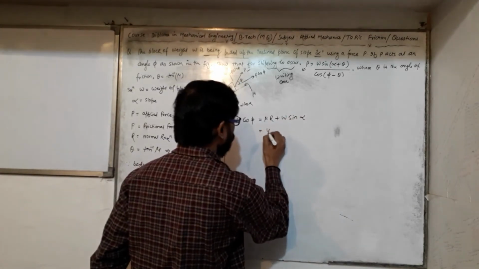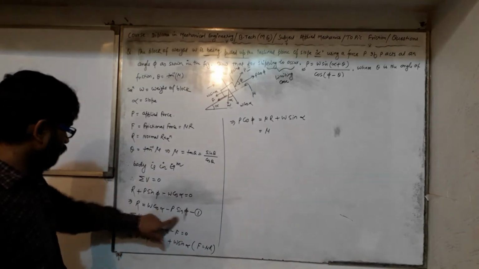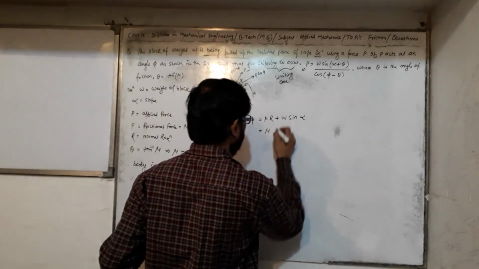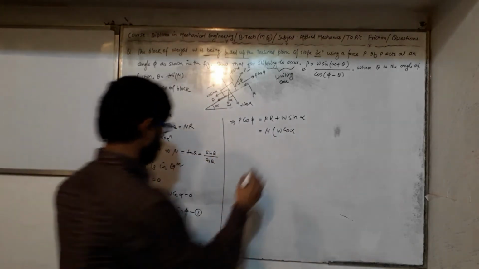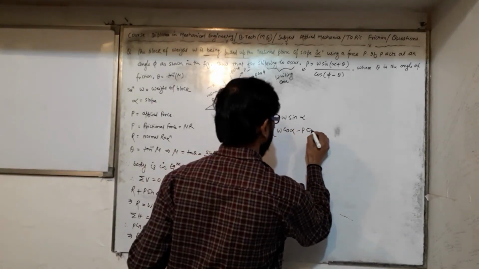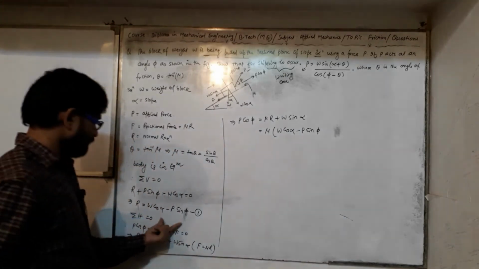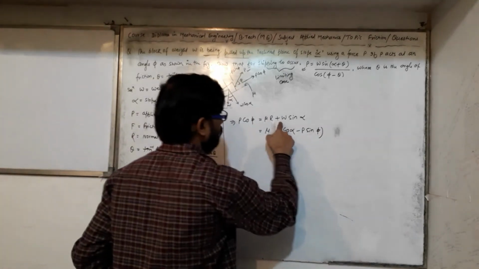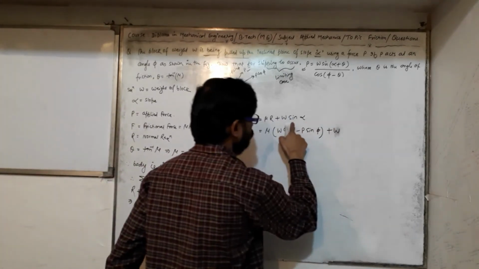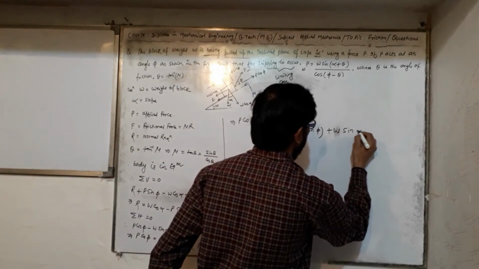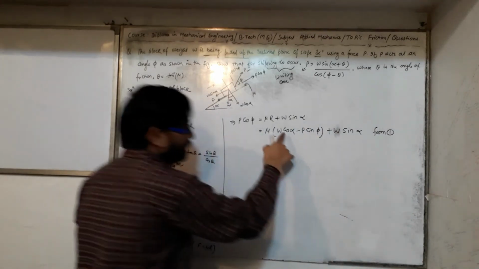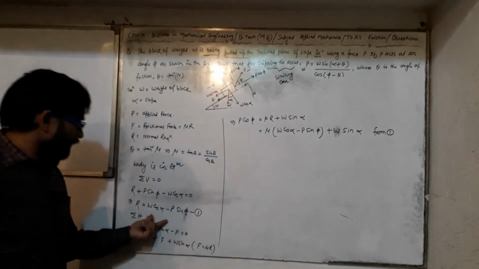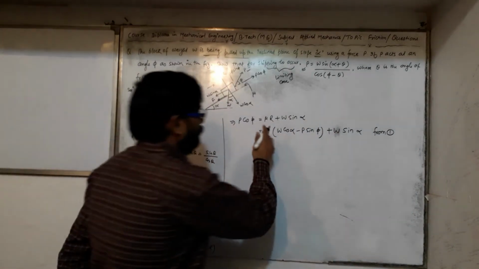Or we can put the value of R from equation 1. So W cos alpha minus P sin phi as R, plus W sin alpha. This expression I have taken from equation 1.